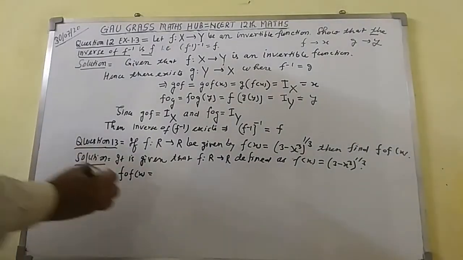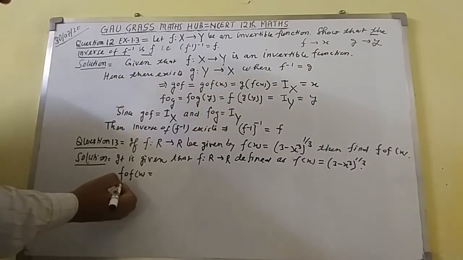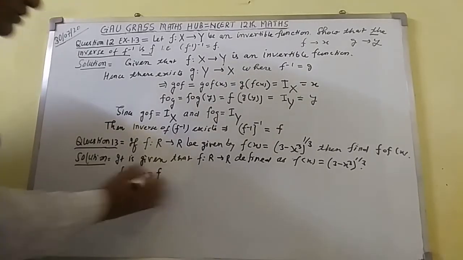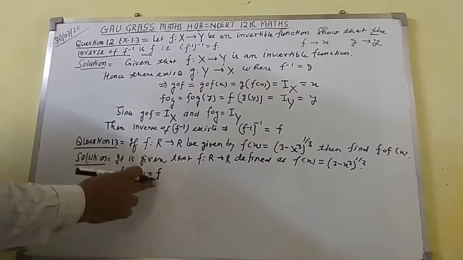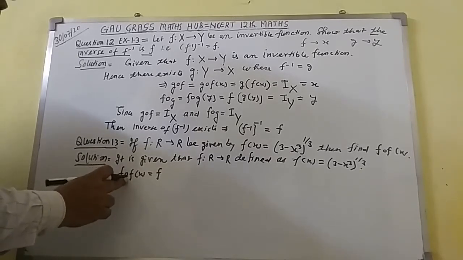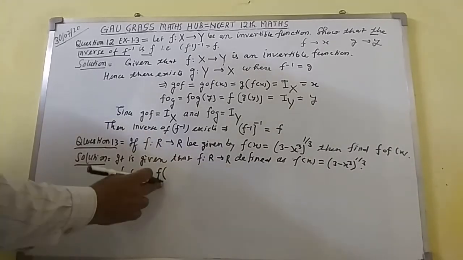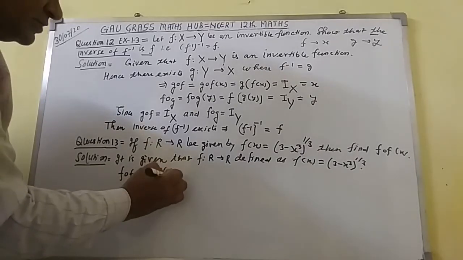In f of f(x), the first letter is f, so write small f here. The bracket will be converted into a half circle bracket. After that write f(x).